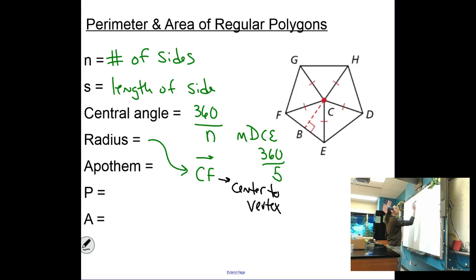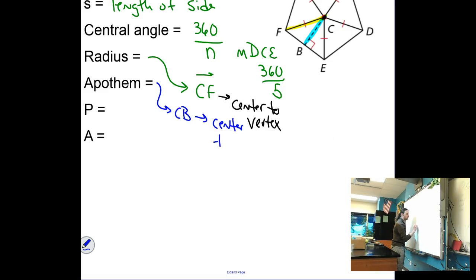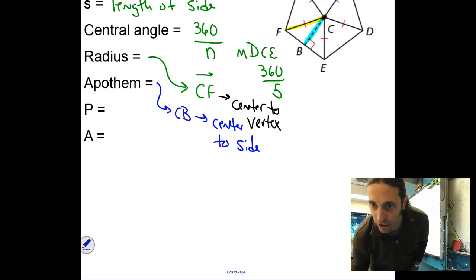So again, a radius, it says CF, that is a radius. An apothem is this one, CB, and that's from the center to the side. And again, these are all vocabulary terms, so we're just going over them.